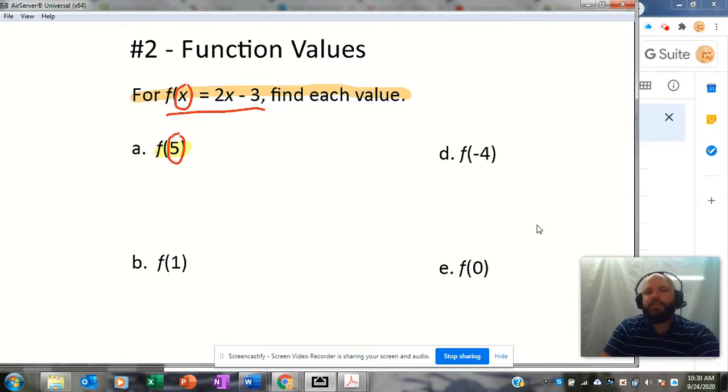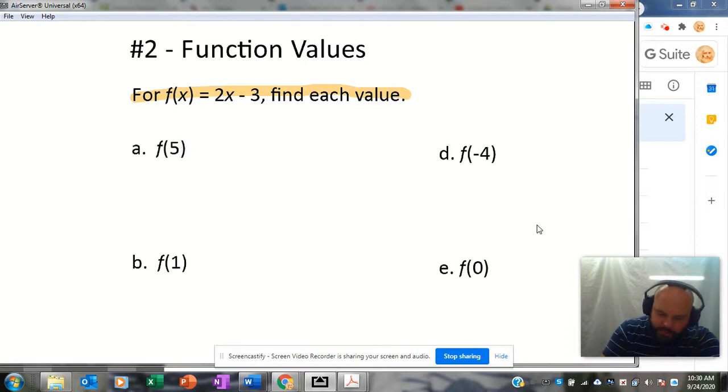This is the reason we use function notation as you move into higher level math: it's more descriptive. It tells us what value we're plugging into our function. So I'm going to take my function f of x equals 2x minus 3, and plug in the value 5 for x.